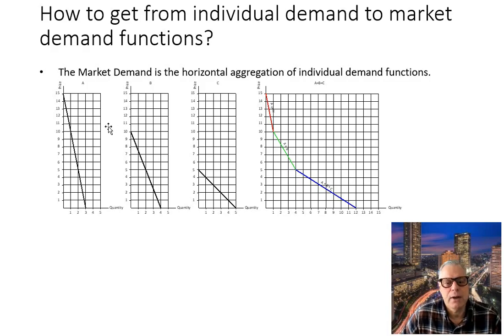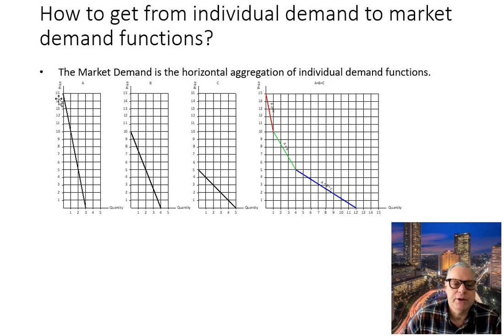And so now what we can do is go from individual demand functions to the market demand function. We do that by horizontally aggregating individual demand functions. So the market demand is the horizontal aggregation of individual demand functions. If we aggregate horizontally, we look at the price.